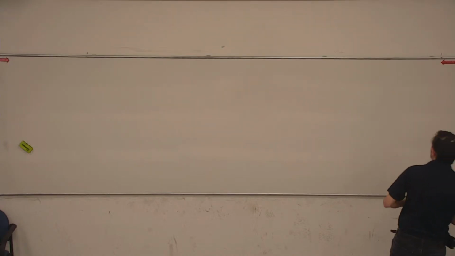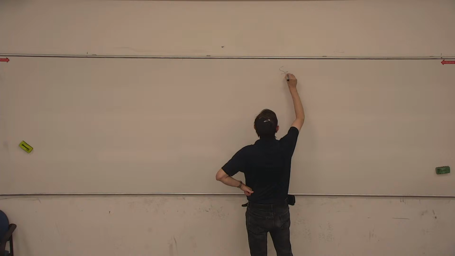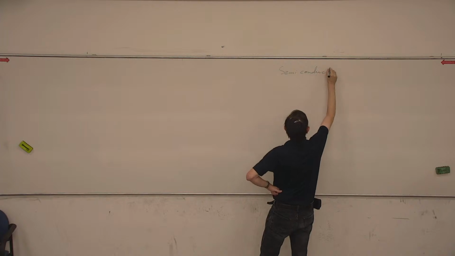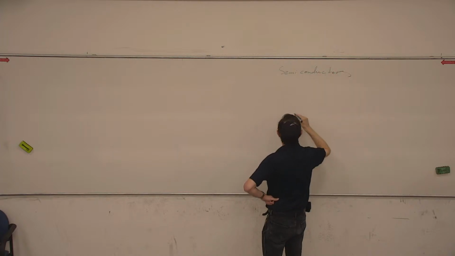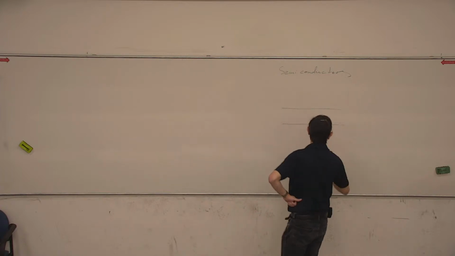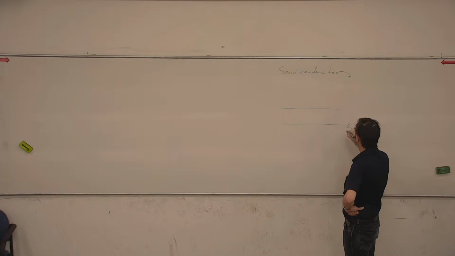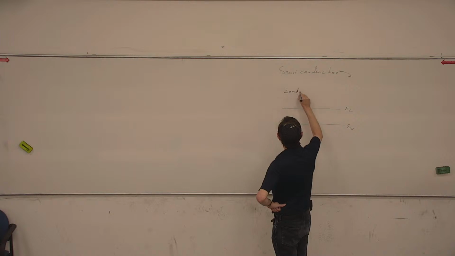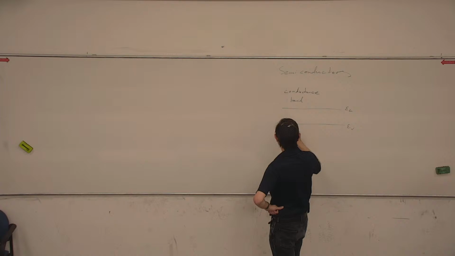To remind you, in a semiconductor, we have a conduction band, a valence band, and a gap.